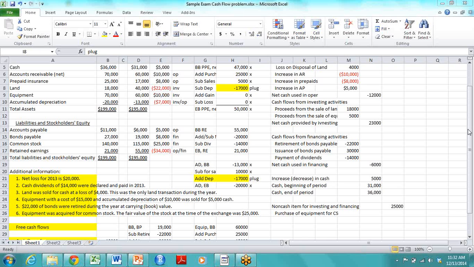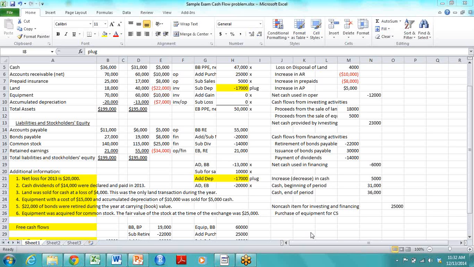I still don't understand how 22 is the book value of the land, because if you think about the journal entries for when you have a sale of land, right, or a sale of anything, what you're going to do is you're going to take off the cost basis of that asset, and that gets reflected here in the change in the land account, right?